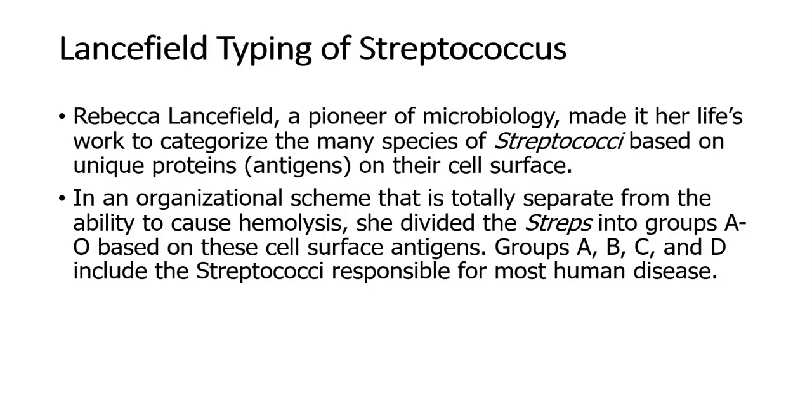She divided the streps into groups A through O based on these surface antigens. Now, the ones that primarily cause disease are group A, group B, group C, group D, and we'll go through these. When you say group A strep, that is Strep pyogenes.